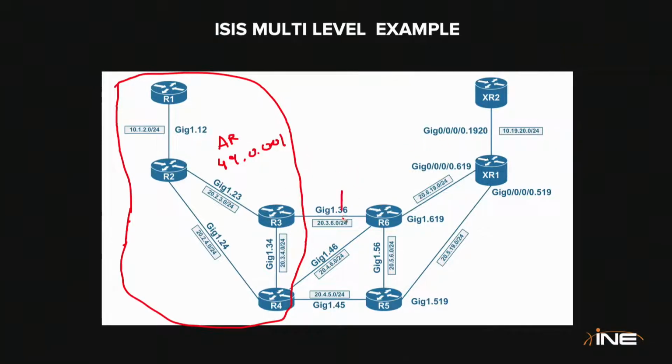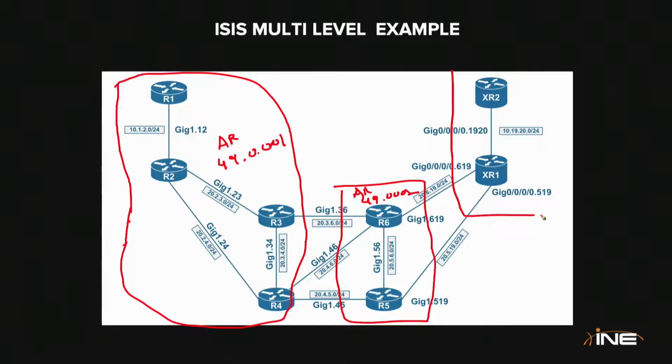I will configure R6 and R5 to be in a different area, 49.0002. And XR1 and XR2 would be in 49.0003.